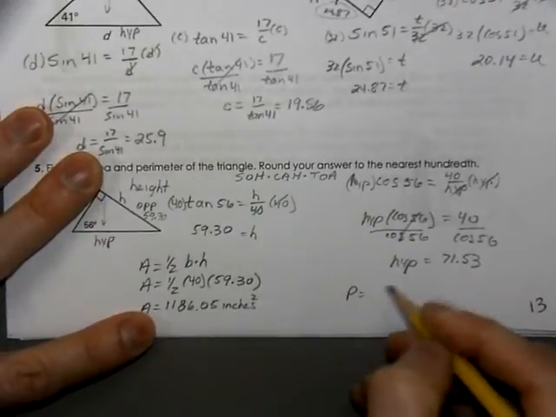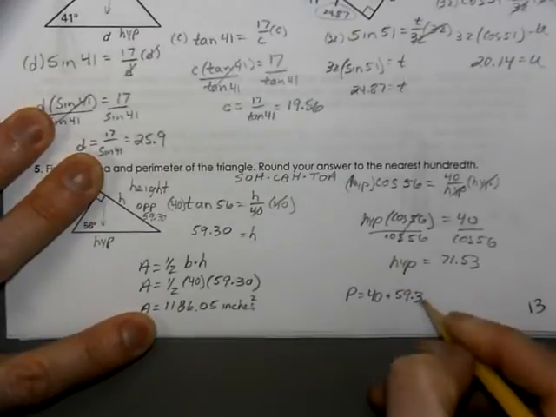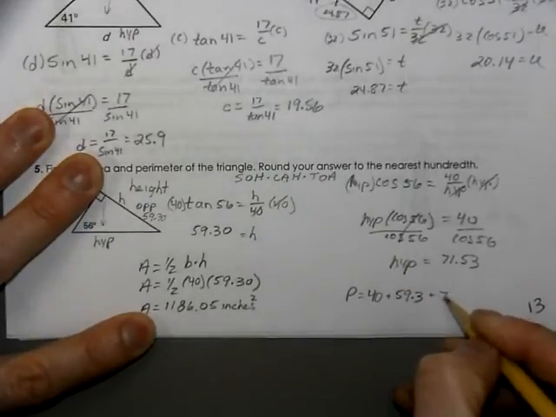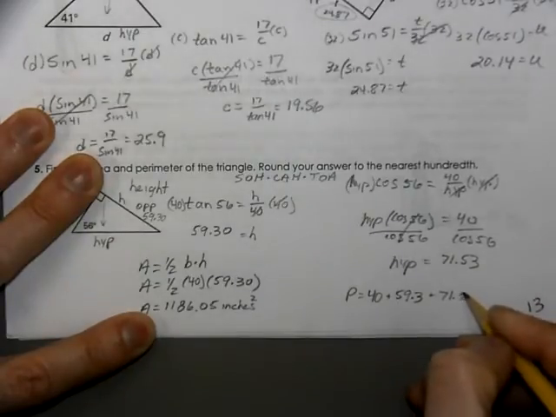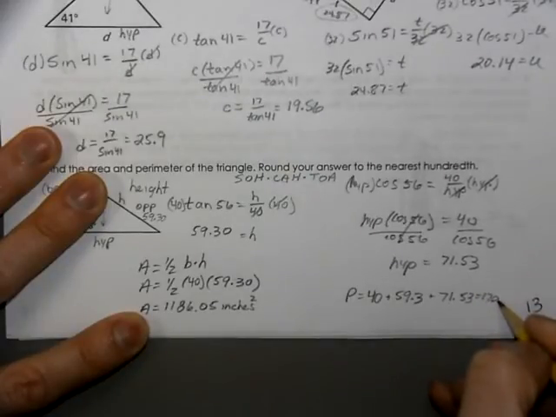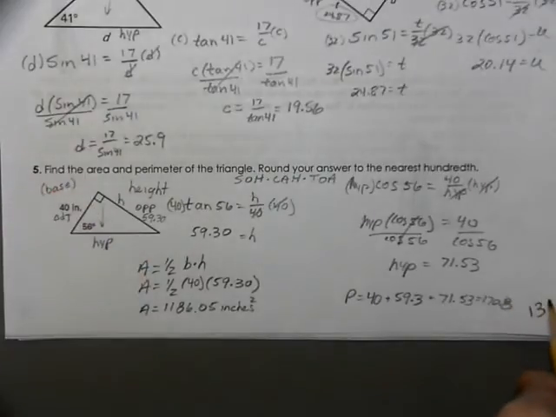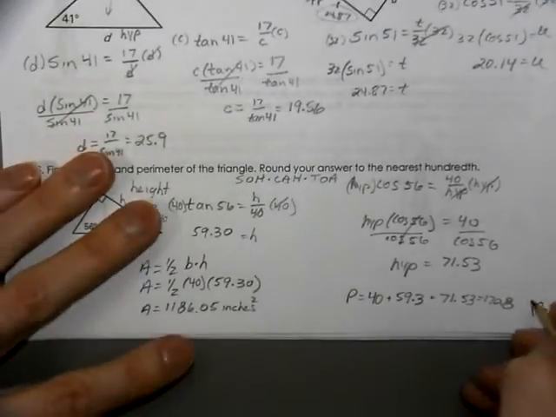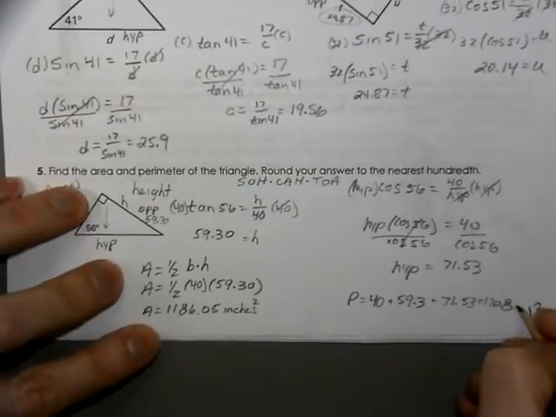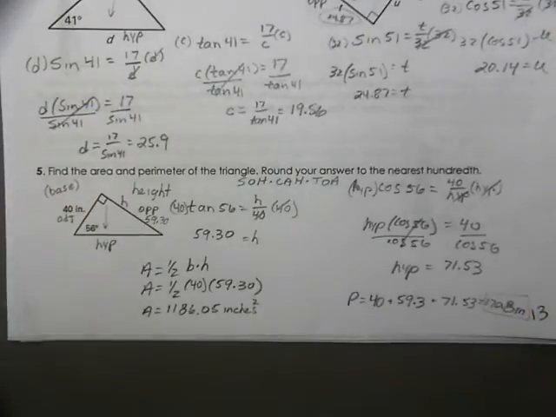So the perimeter is going to be 40, 59.3, and 71.53. So we have 170.8 inches. And we can abbreviate that with IN. That's how far it is around the outside of the triangle.